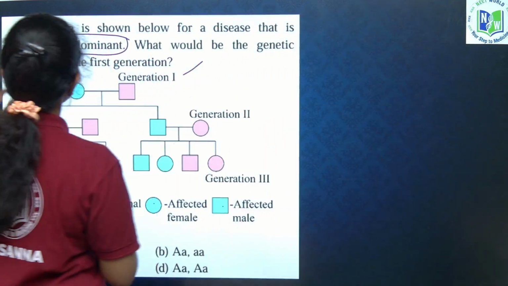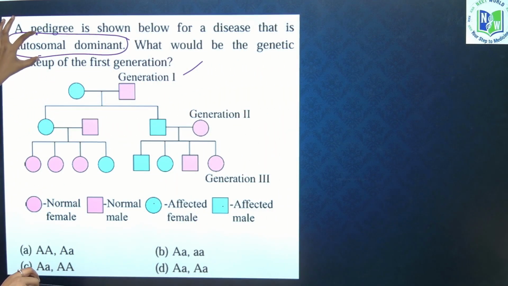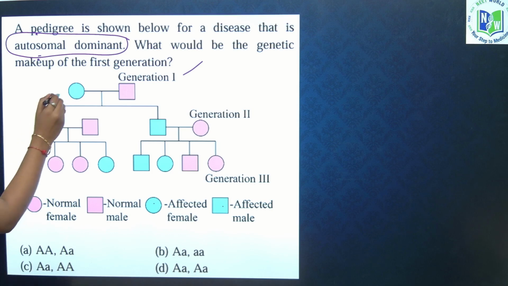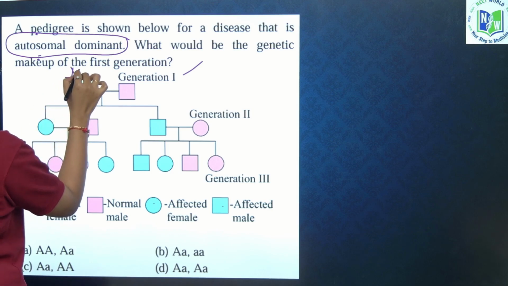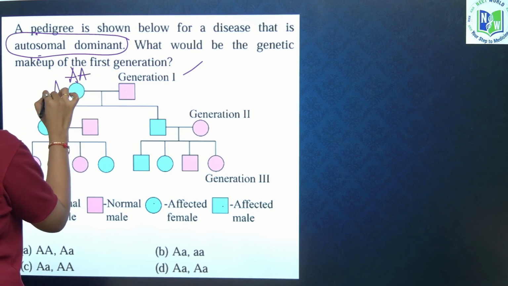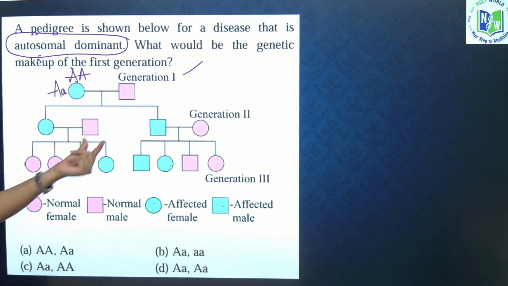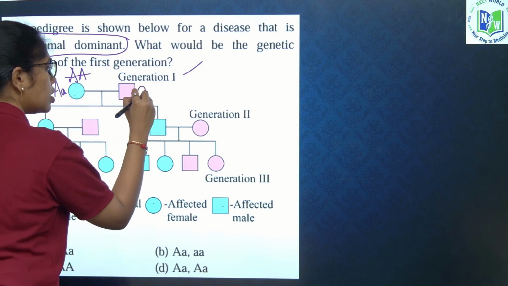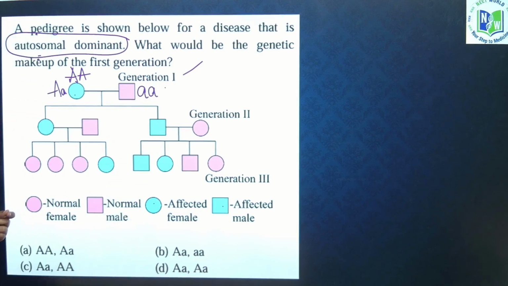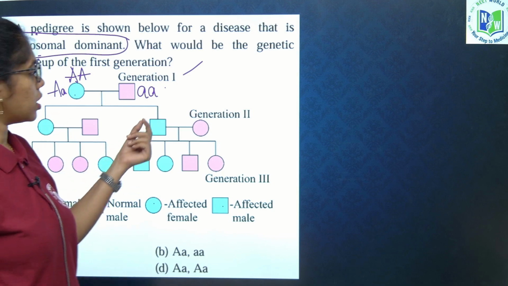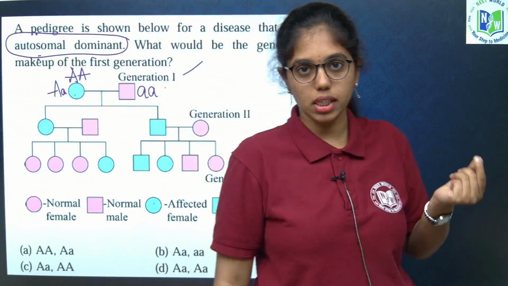Autosomal dominant disease means the affected can be either homozygous dominant or heterozygous dominant. The unaffected should definitely be in the homozygous recessive condition only.